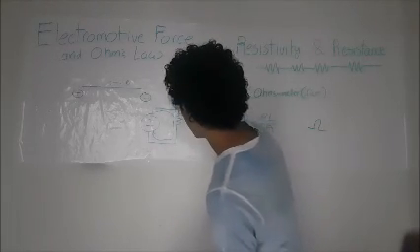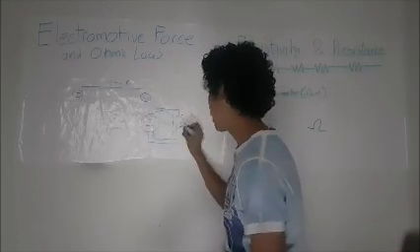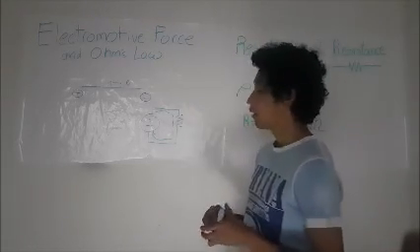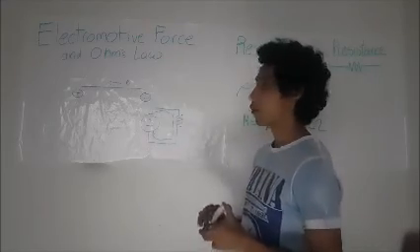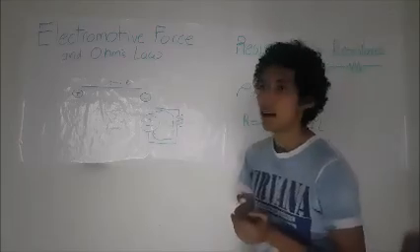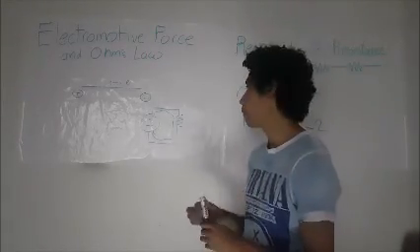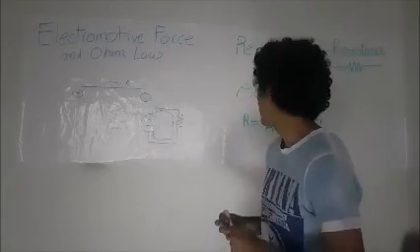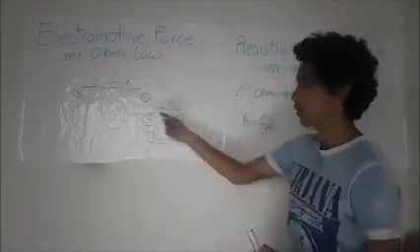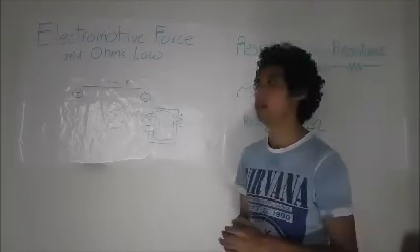The voltage at this end will be bigger than the voltage at this end. So the resistors are the ones in charge of this voltage drop. Actually, the wires also have a voltage drop because they have a very small resistivity, but it's so small that it's almost negligible.